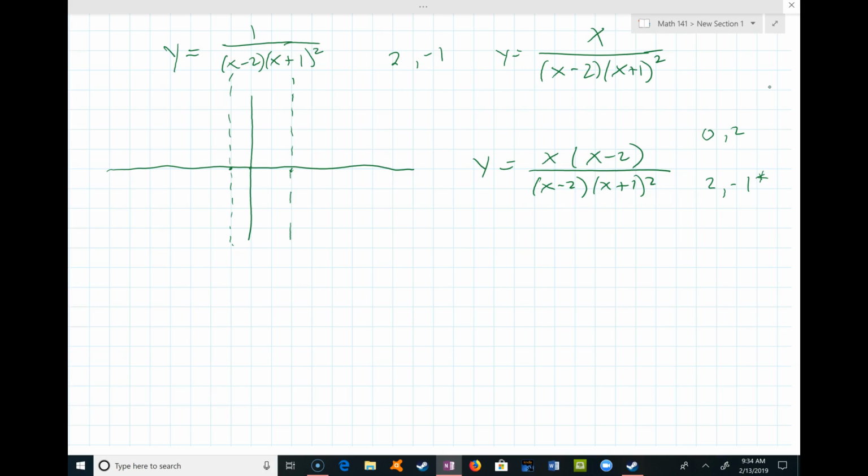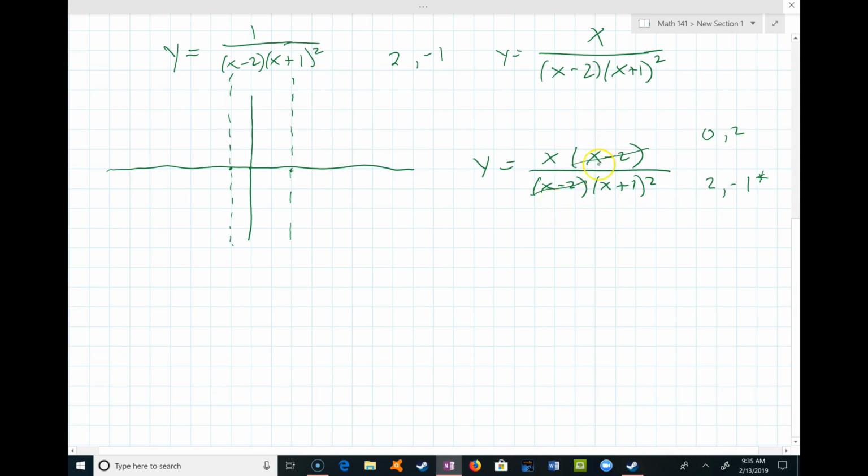Okay, because notice, and this is why it's a hole. Those of you that have me for 140, we made a big deal about this throughout 140. I can kind of cancel out x minus 2. The reason I say kind of is because if I plug in any number for x, this right here is just going to be 1, right? Because if I plug a 3 in for x, I get 1 over 1.